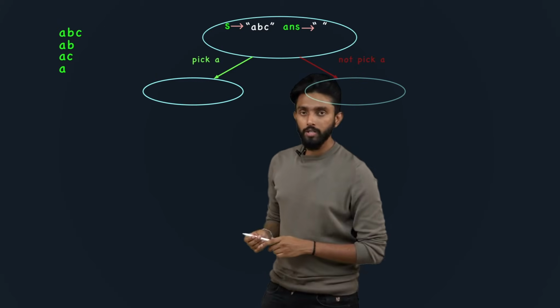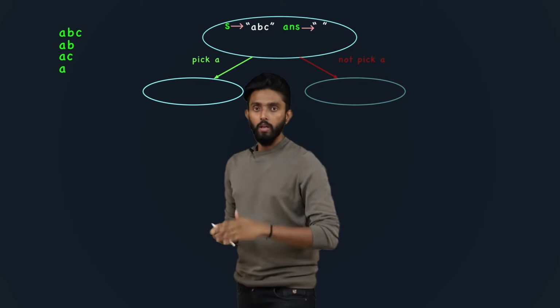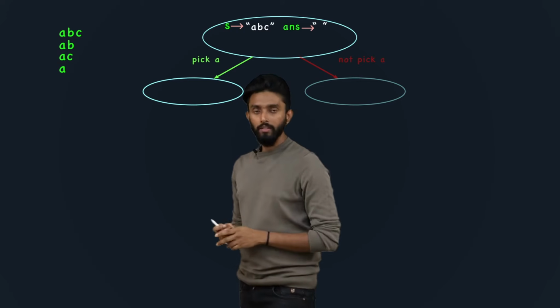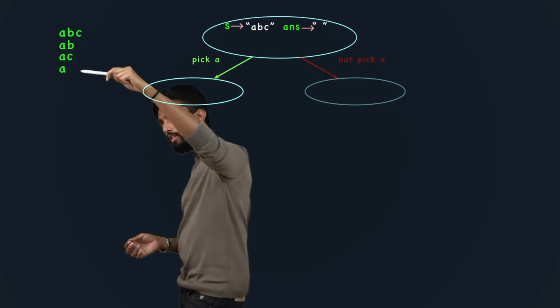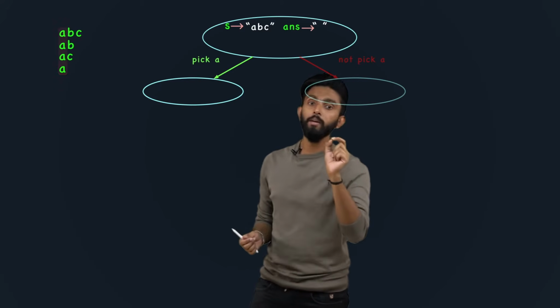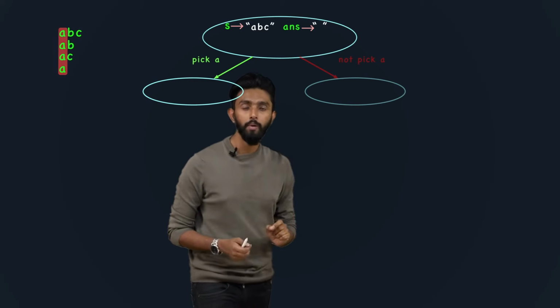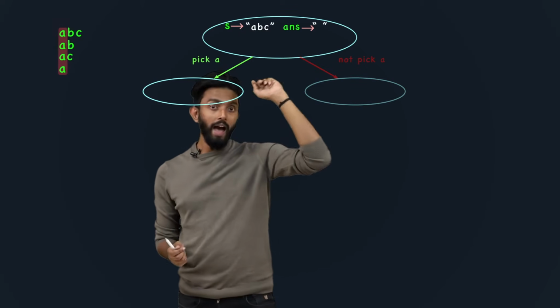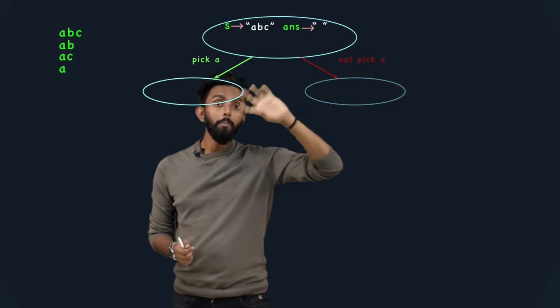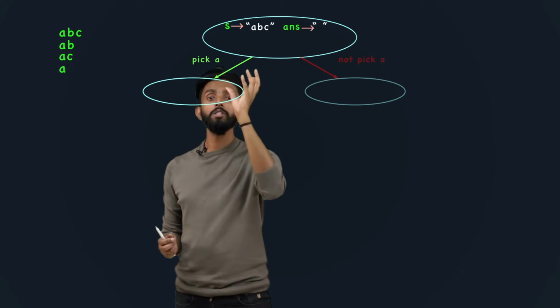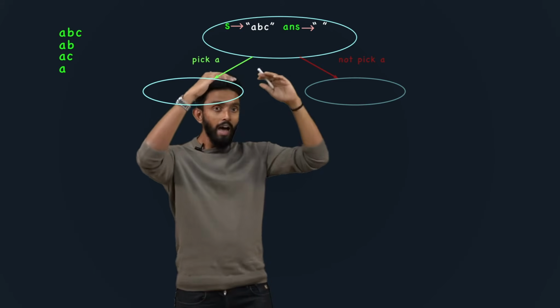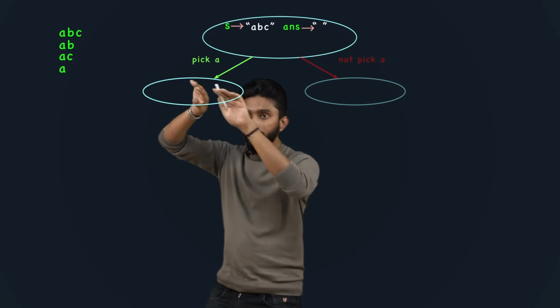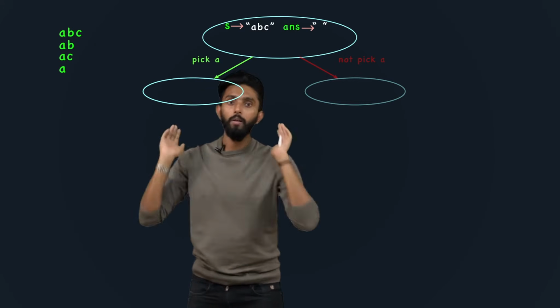Now, very simple. Now I want to pick A. Now if I have to pick A, then each one is an answer, and all these answers must have A in them. So would you agree that my answer which is empty must now have A in it? So I am going to recursively make another call.